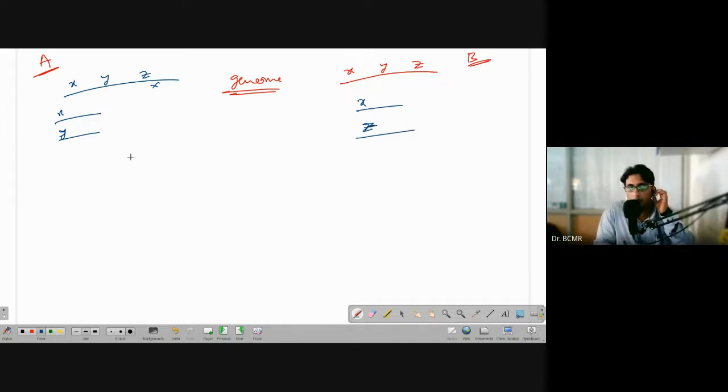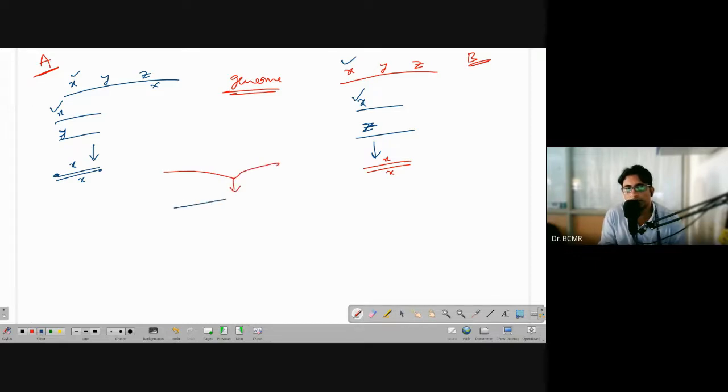Now what are we doing? We are going to make cDNA of both of them. The sequence is the same, isn't it? Gene X and gene X, mRNA X and mRNA X. The sequence is the same, and then we get cDNA. This is X and this is X. The nucleotide sequence is the same between these two. If I have mixed these two, they would have denatured like this.